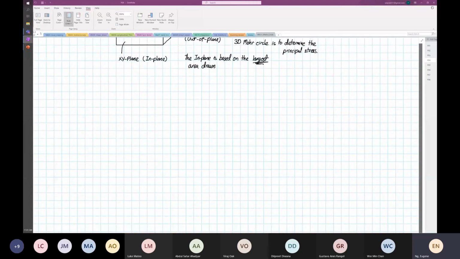So condition number 1. On a 3D Mohr circle, the transformation is always the same as what I've just drawn initially, so I'm not going to repeat drawing the transformation.